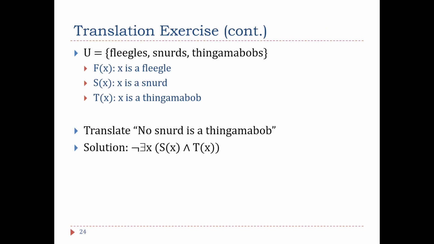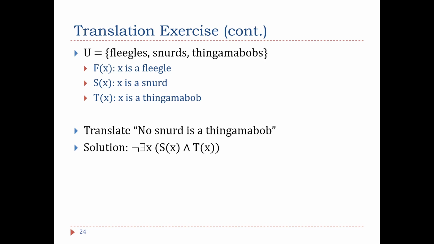No snurd is a thingamabob. S of x implies not t of x for every x. Or dually, you can say that I cannot find any x such that s of x and t of x are true at the same time.